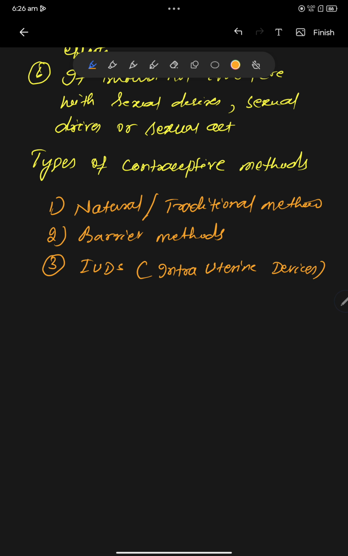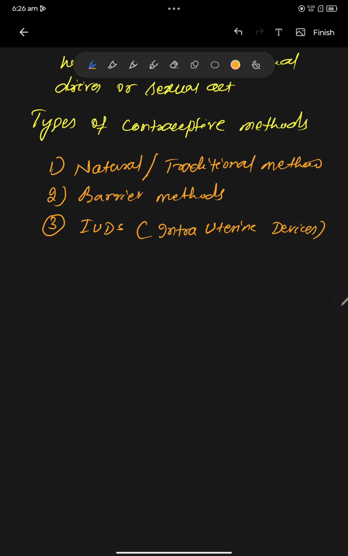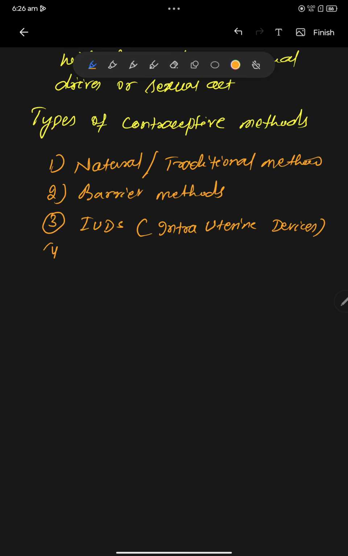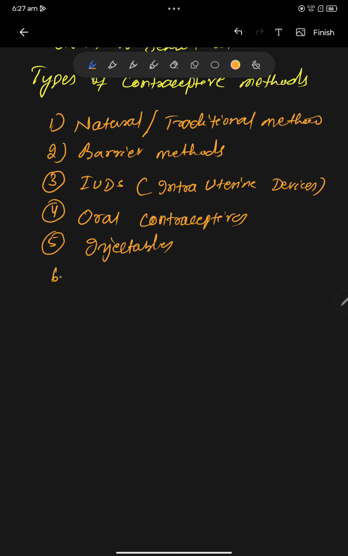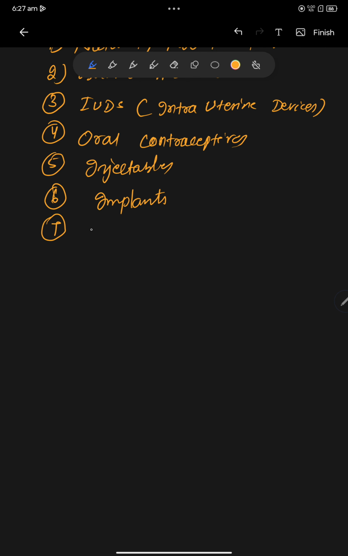Whatever I am giving here, each and every word is important, children. Fourth one is oral contraceptive. Fifth one is injectables. Sixth one is implants. Seventh one, surgical method or sterilization.